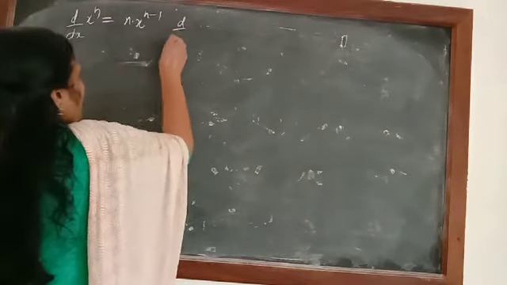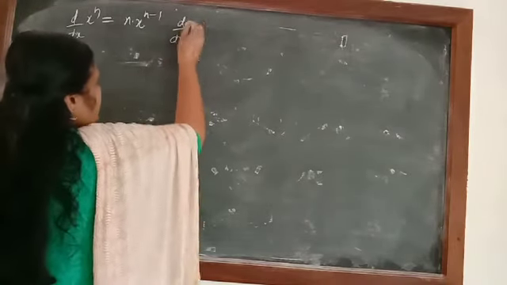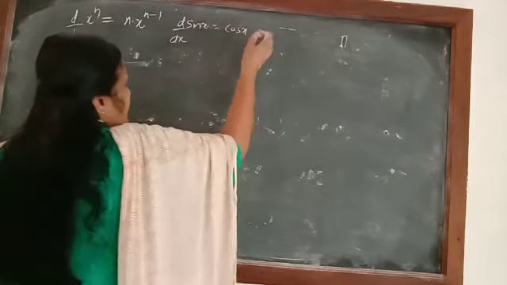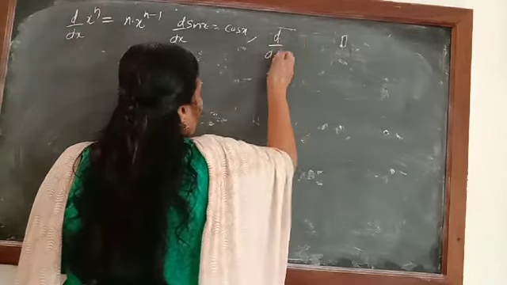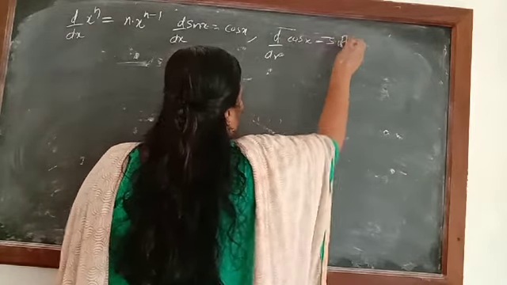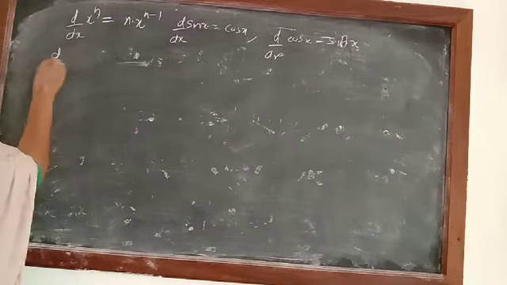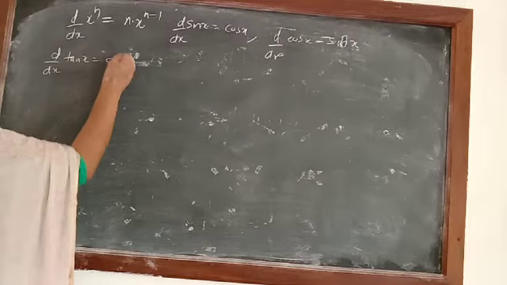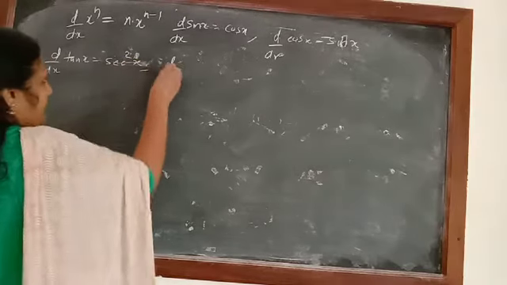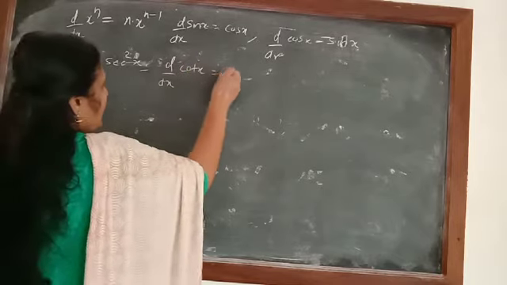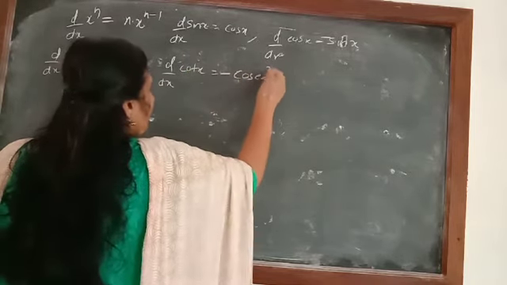Then d by dx of sin x is equal to cos x. Then d by dx of cos x is equal to minus sin x. Then d by dx of tan x is equal to sec square x. Then d by dx of cot x is equal to minus cosec square x.